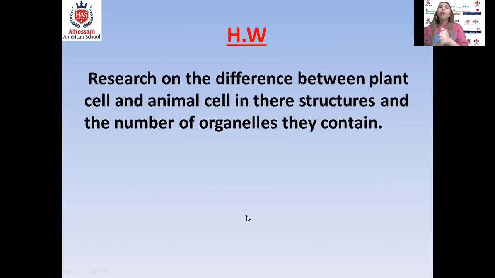Our homework for today: do research on the difference between plant cells and animal cells in their structures and the number of organelles they contain. You can write the difference between them, the organelles which are different, and the common parts like a Venn diagram, and you can write the function for all of these structures.